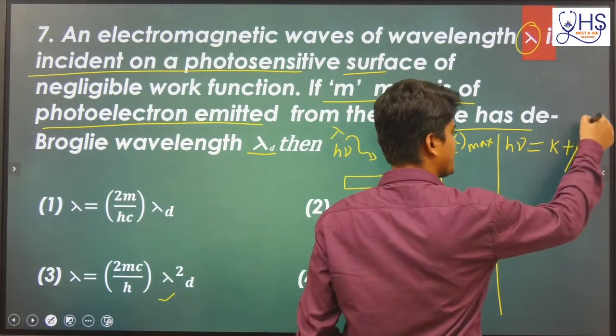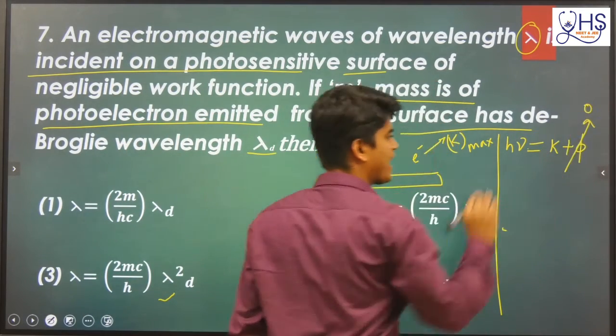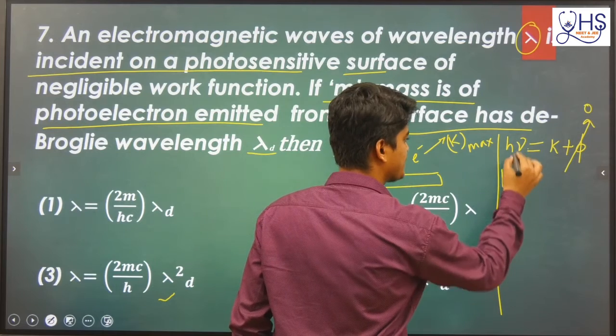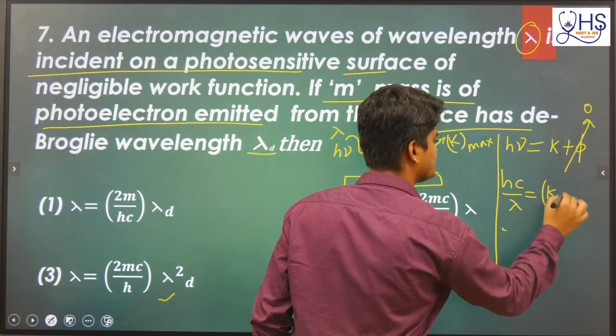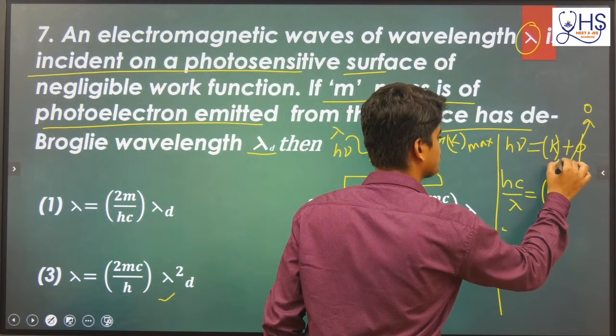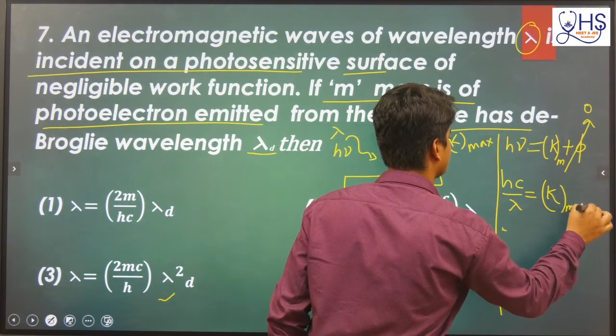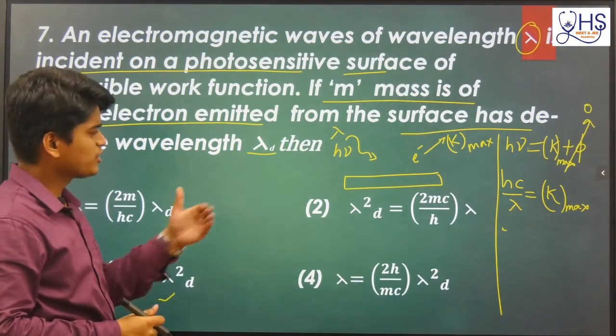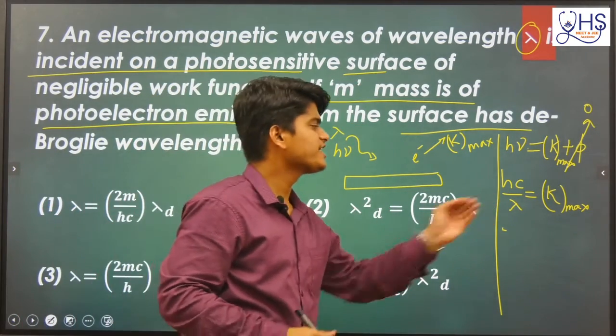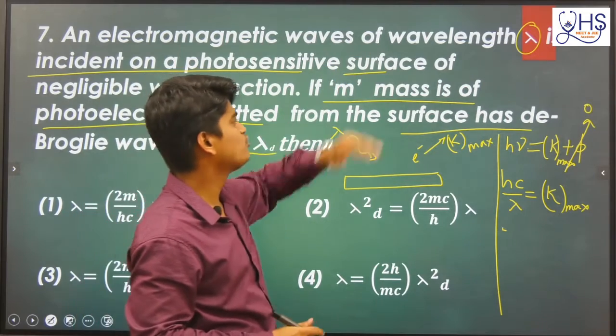So if work function is negligible, I can take phi as 0, and I can write h nu as hc by lambda, which is nothing but maximum kinetic energy. Now we got a relation between kinetic energy and hc by lambda, the incident wavelength.